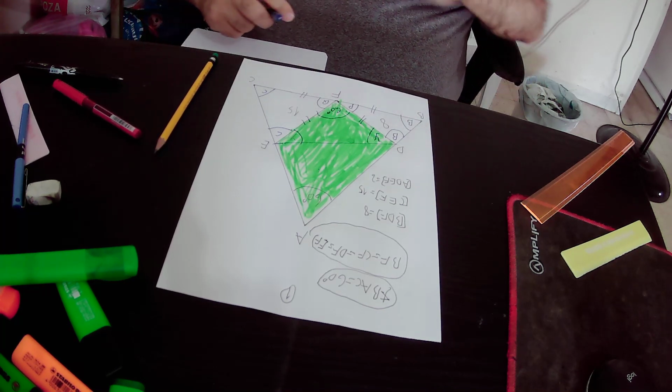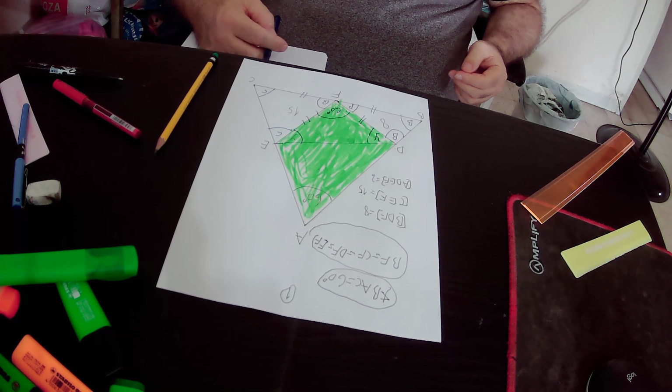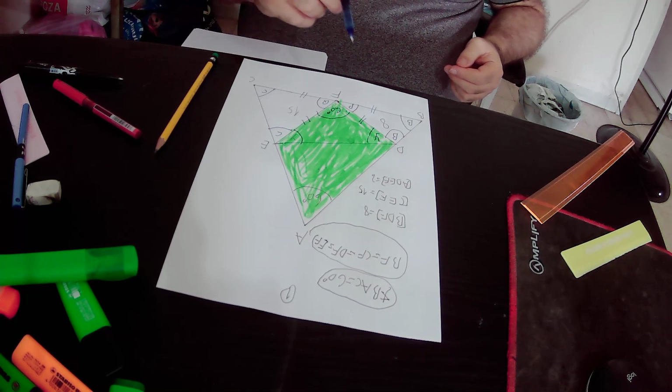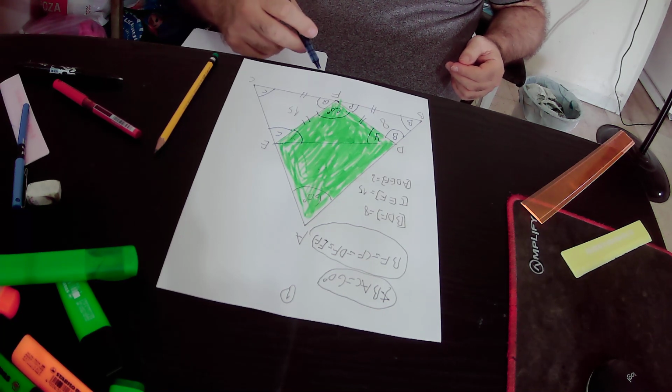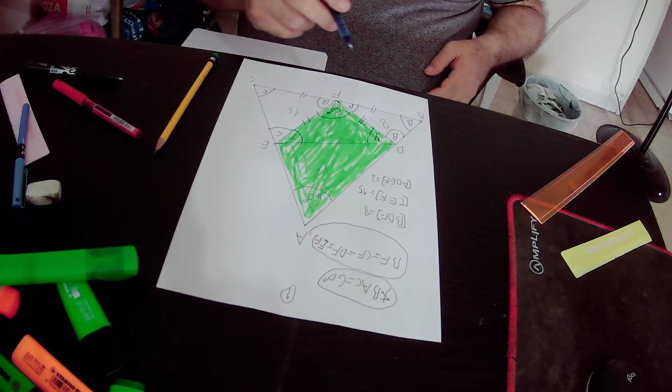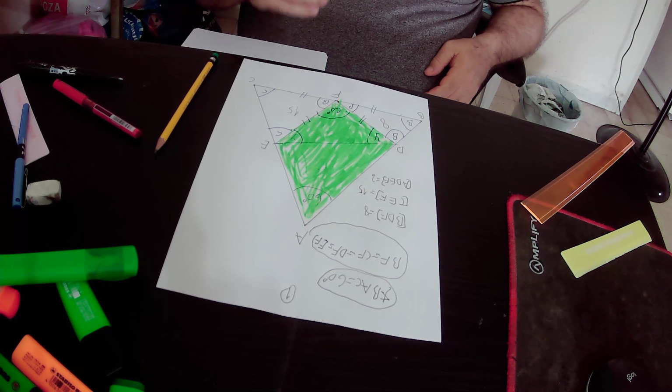So now we will continue to focus on triangle DEF. We know that the sum of the angles in triangle DEF equals 180 degrees.